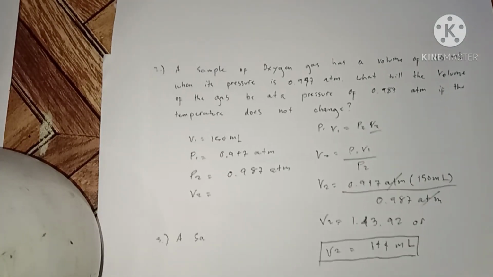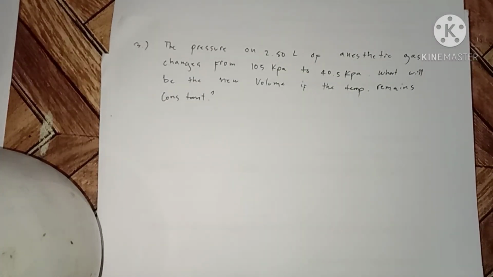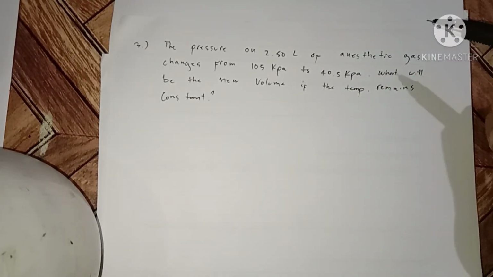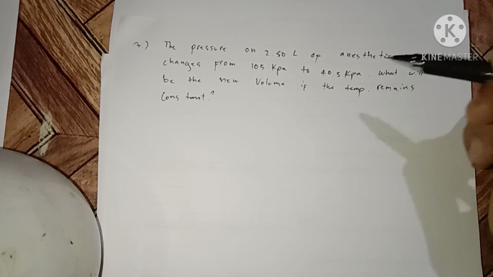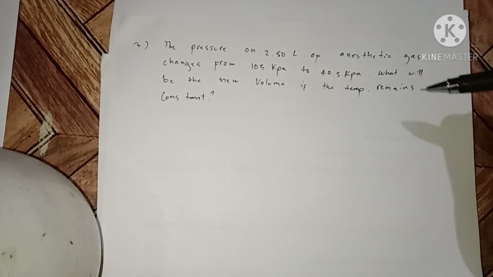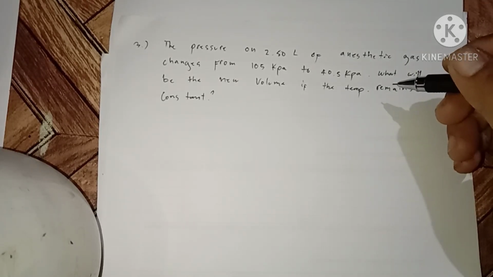So proceed to problem number 3. The pressure on 2.50 liters of anesthetic gas changed from 105 kPa to 40.5 kPa. What will be the new volume if the temperature remains constant?